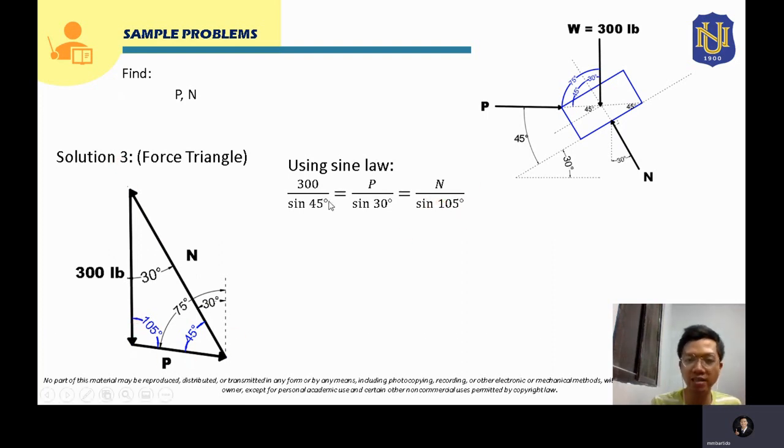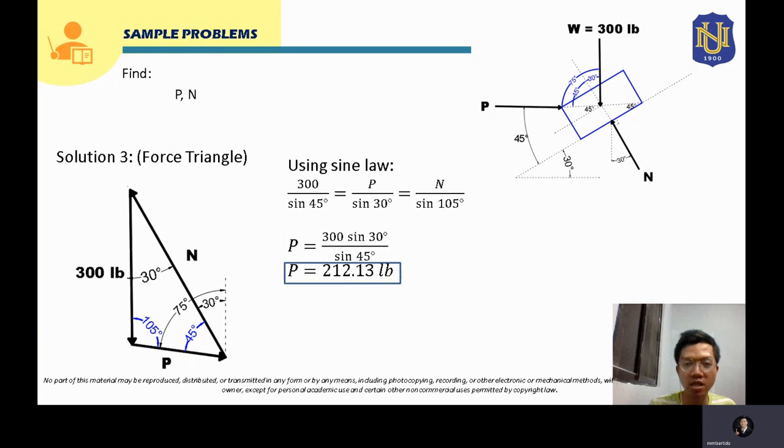So solving for P and N. For P, we just cross multiply. This will be 300 sine 30 over sine 45, and it will give you 15 square root of 2, or 212.13 pounds.